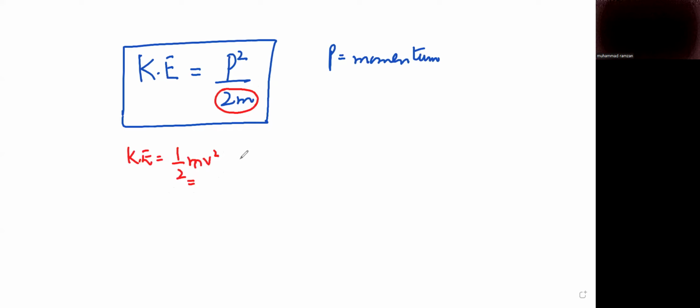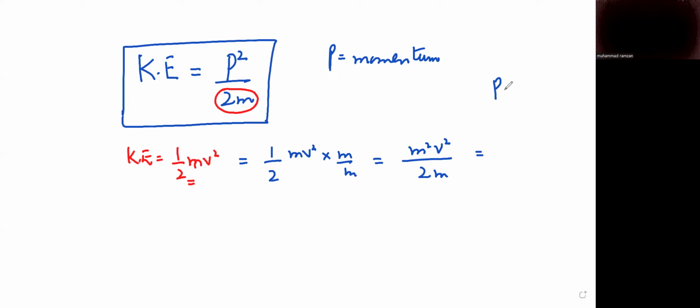So I have to make this equation having a mass in the denominator. So we have half mv squared. I am going to multiply and divide the equation with mass in order to get the mass in the denominator. So the denominator would become 2m and the upper one, like numerator, would become mv squared.